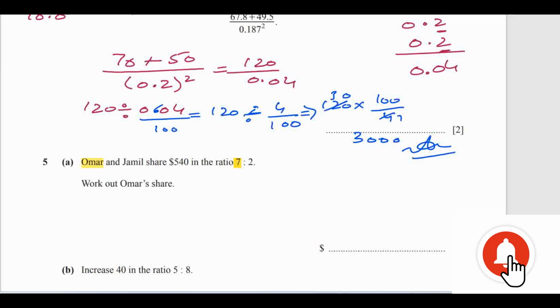So what we have to do is 7 divided by 9, because we take the sum of the ratios, multiplied by the total 540. Simplify this: 9 1s are 9 and then 9 6 54, so 7 into 60, 7 zeros are 0, 7 6s are 42, so 420 will be the final answer.